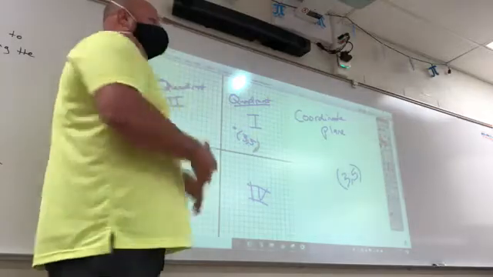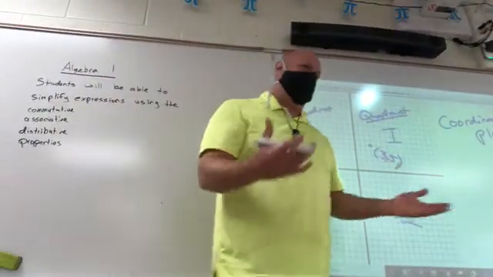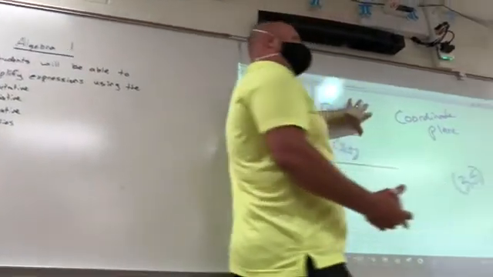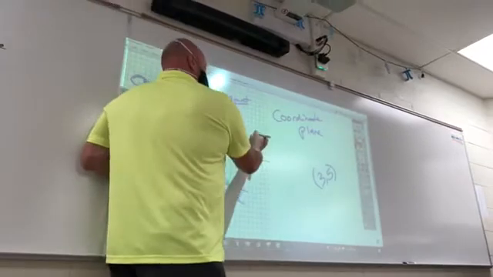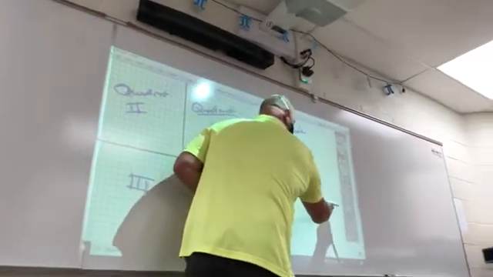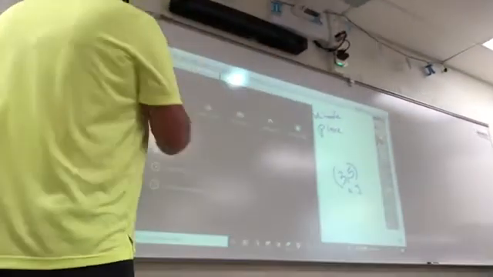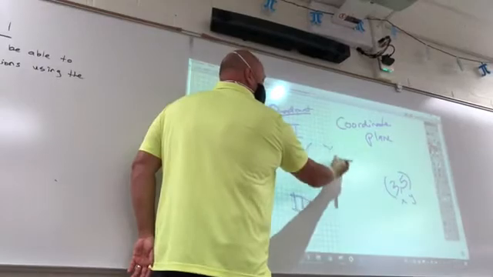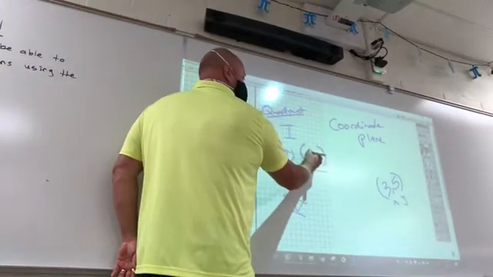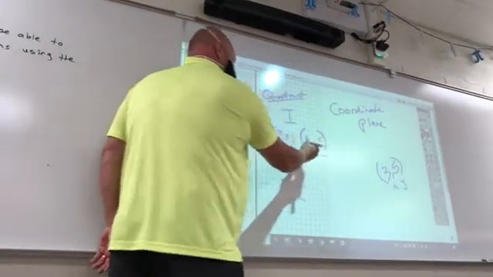We would describe that location as it's in quadrant 1. Make sense? All of the points in quadrant 1, we have an x and a y. So all the points in quadrant 1 have a positive x and a positive y.